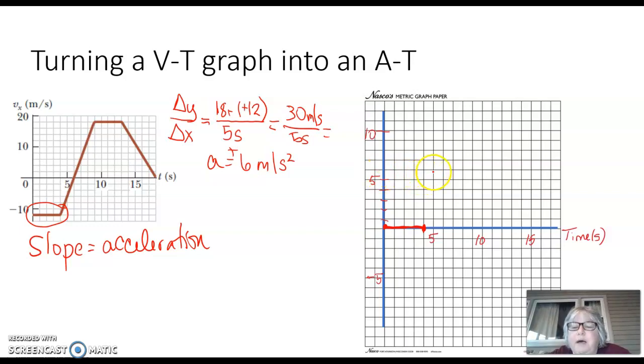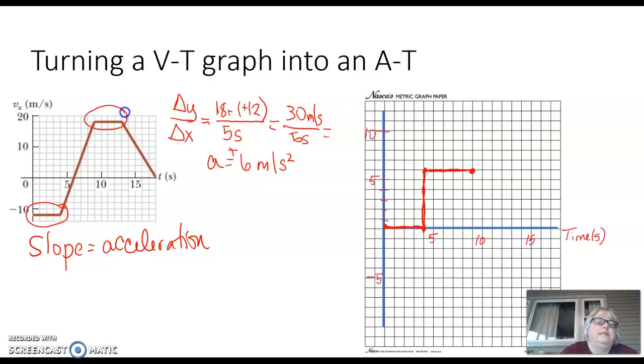So I'm going to come up to positive 6, and I'm going to be at positive 6 until I reach 9 seconds. And I'm going to put in my connector. And so far my graph looks like this.